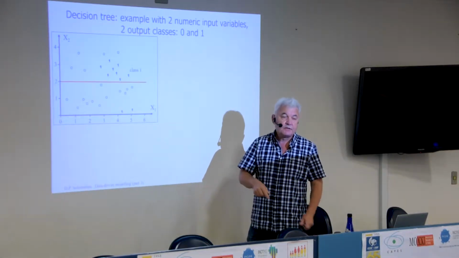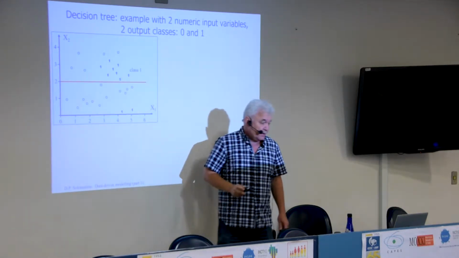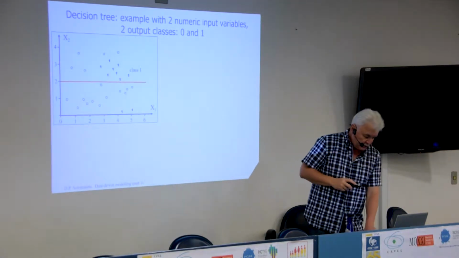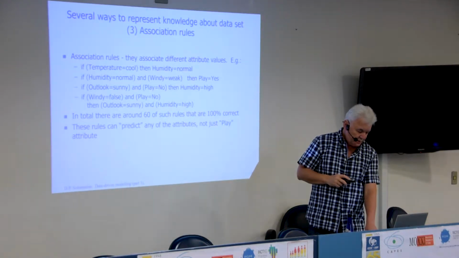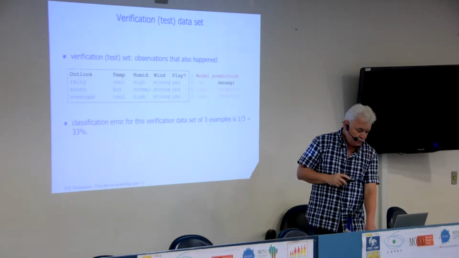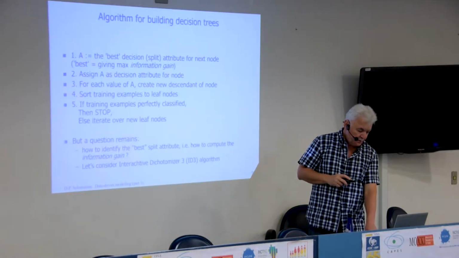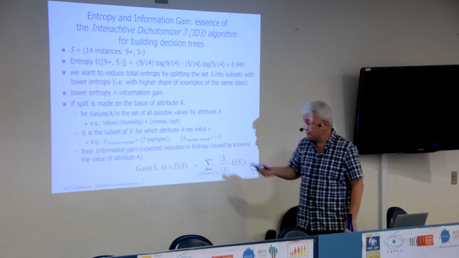And every time I write the entropy for these two sets. And when I find that entropy in these two sets is small, I choose that split for further deliberation.